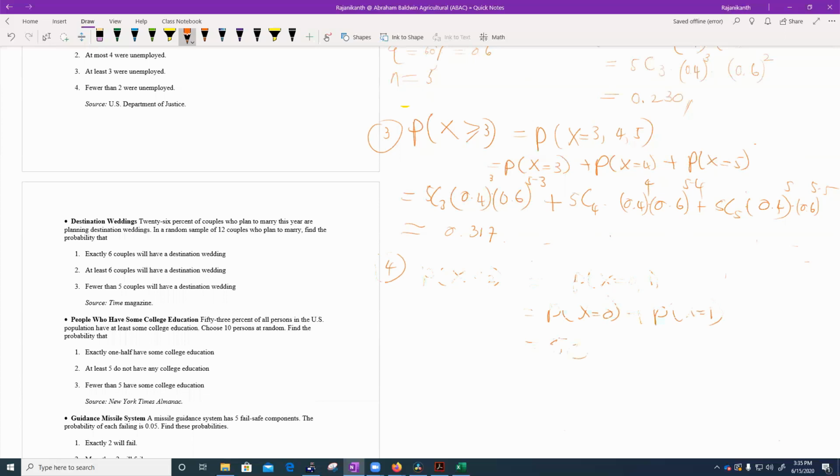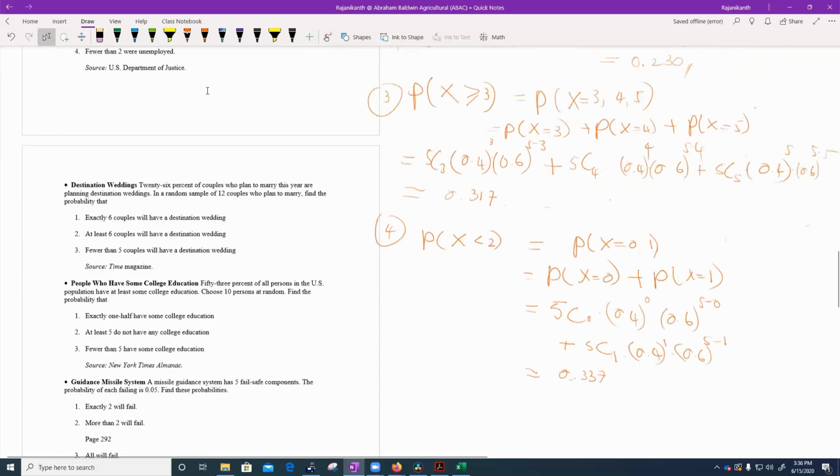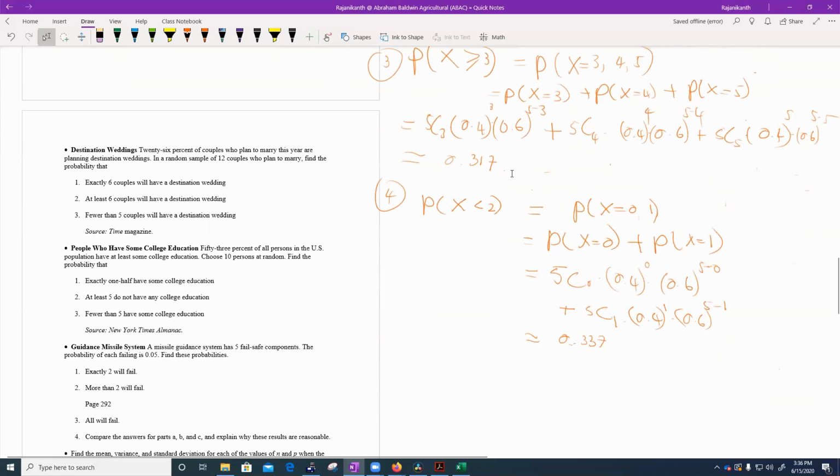If I choose x is 0, 0.4 to the power 0 and 0.6 to the power of 5 minus 0, plus the second probability, if I choose 1, 0.4 to the power of 1 and 0.6 to the power of 5 minus 1. If you simplify, this should be 0.337.